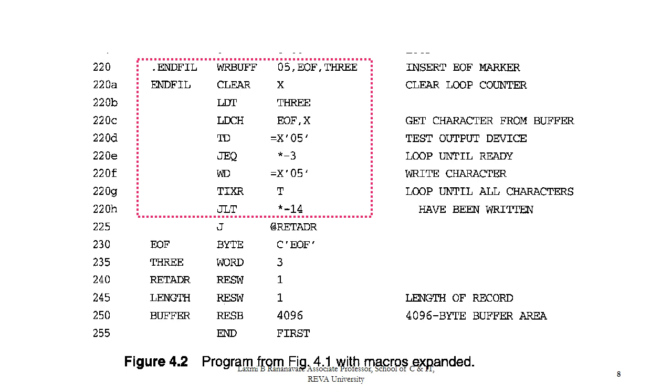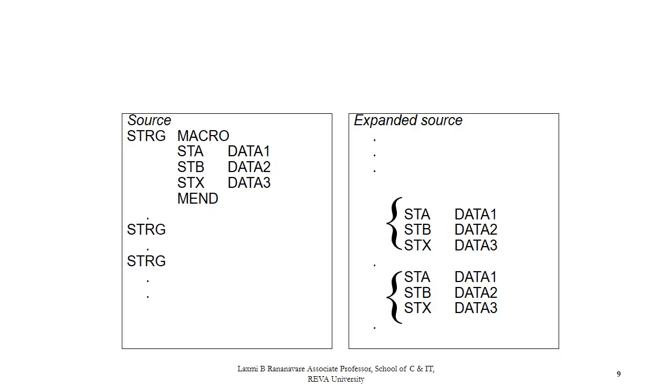So in this case we have preceded with a dot, whereas in the expanded code we are not going to have a dot that separates the labeled call and not labeled macro call. So we are going to write this expanded code in the call macro. So wherever the macro call is present, we are going to substitute those set of instructions in the expanded code.